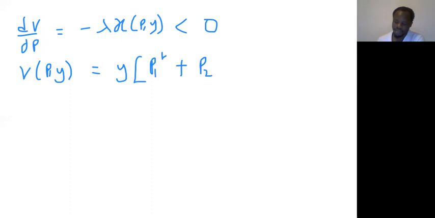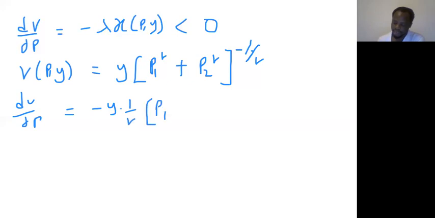So when I differentiate v with respect to p, I'm going to have this expression come here: minus y multiplied by 1 over r into brackets p1 r plus p2 r, then minus 1 over r. You subtract 1 from it.